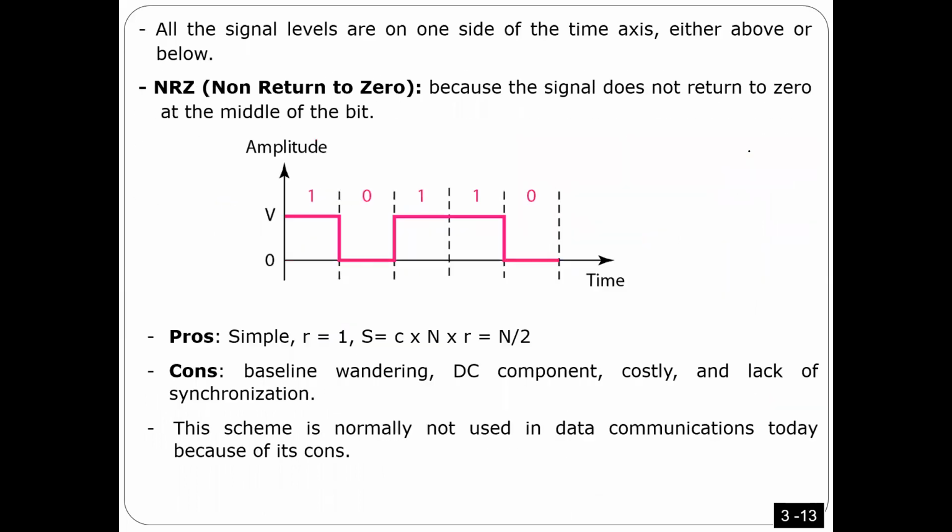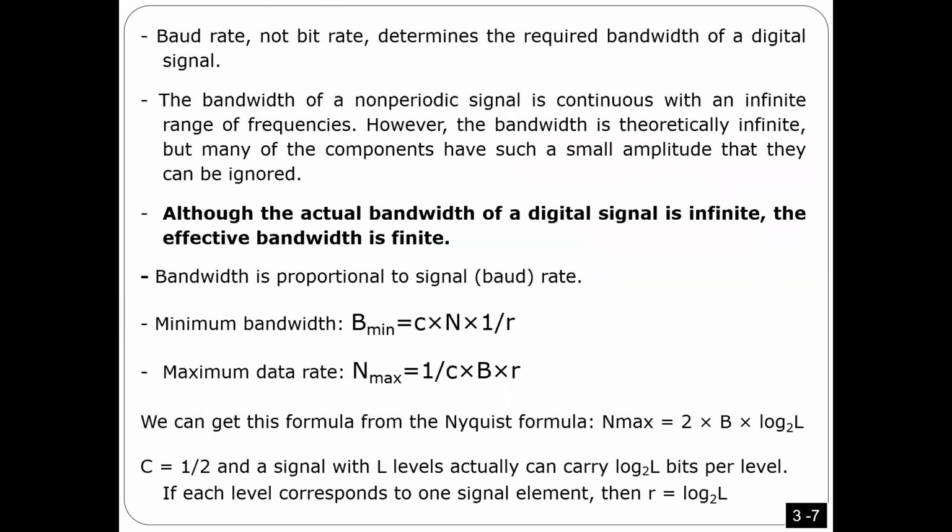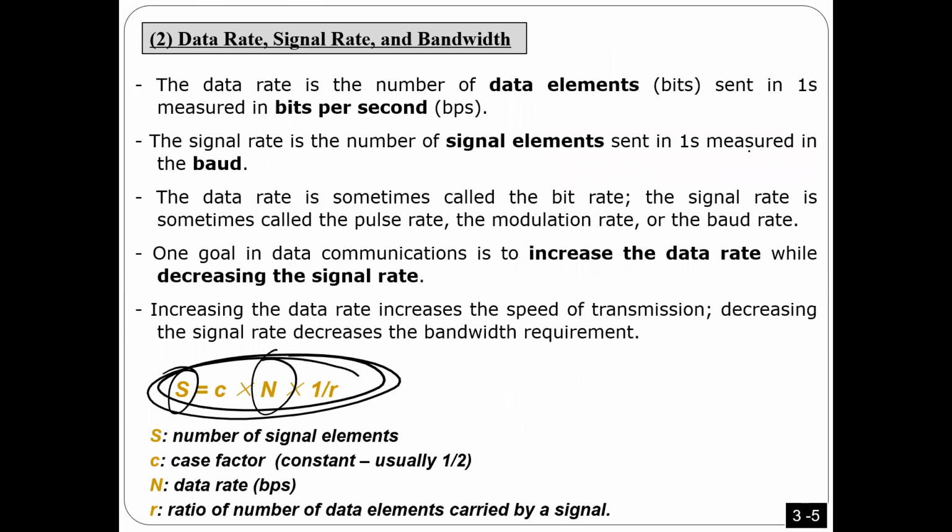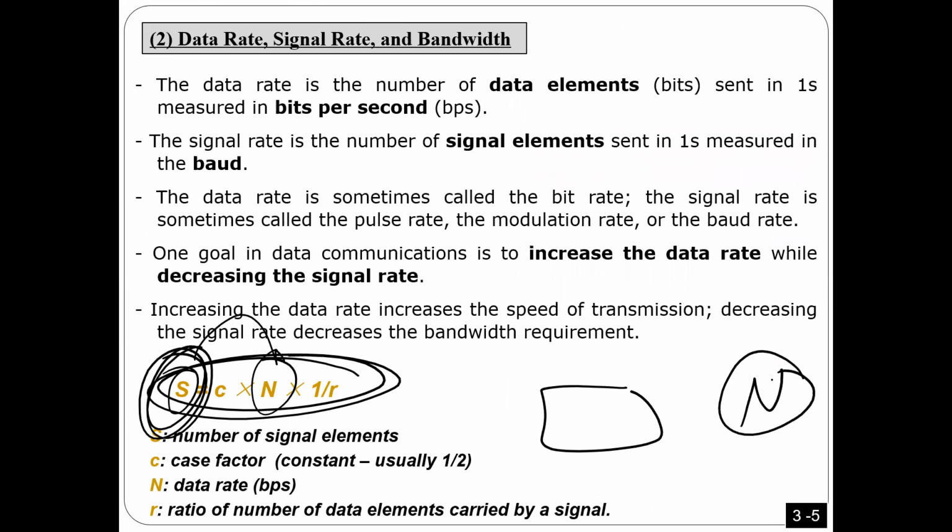So one of the important metrics we're going to explain for every encoder is how much bandwidth you need for the same bit rate. Or in other words, given a certain bandwidth, what is the bit rate?